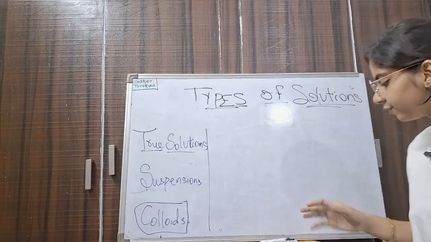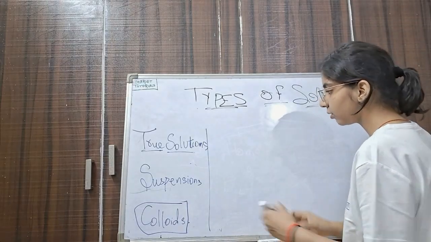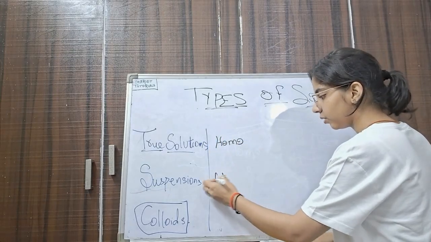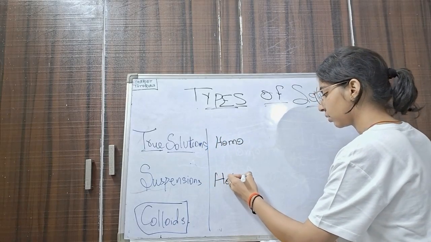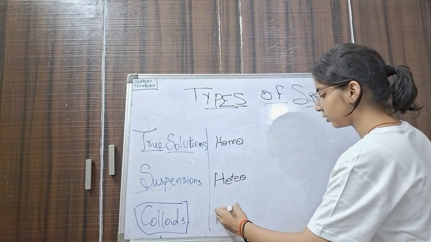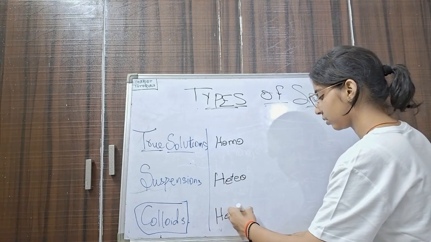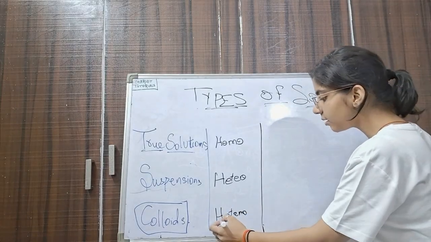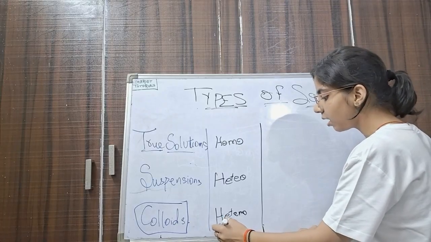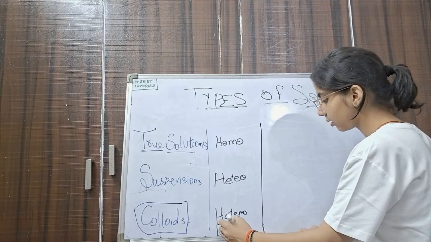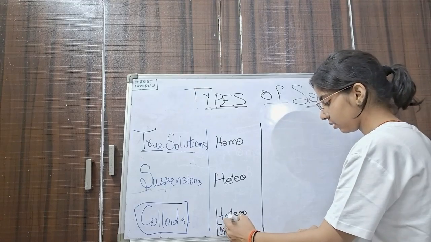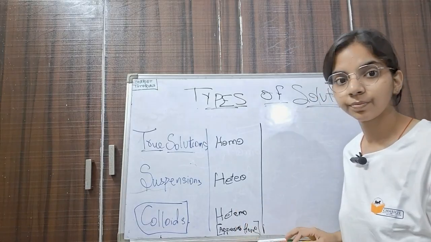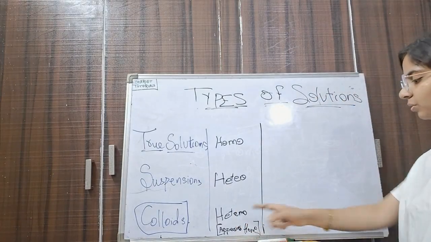First is the very basic one that I have already told you: these are homogeneous, these are heterogeneous, these are also heterogeneous, right? But here you can mention one thing, that these appear to be homogeneous but are actually heterogeneous.